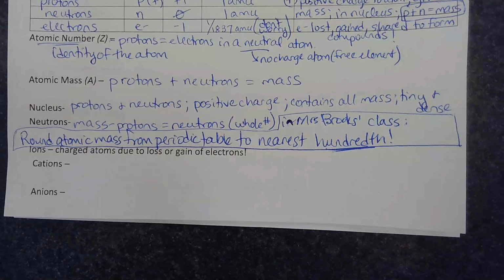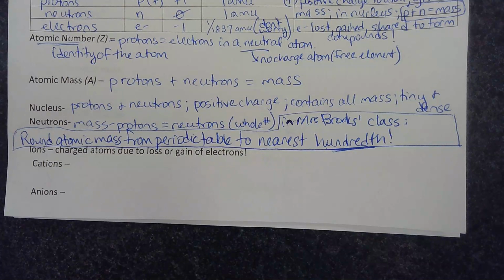Tell me, what is the mass of sulfur? 32.066. How did I just say to round it? 32.07. What's the unit? AMU. What is the mass of potassium? 39.10 AMU. That's what we're going to be doing. You're going to be doing more of this on the next page. That's why you needed it.